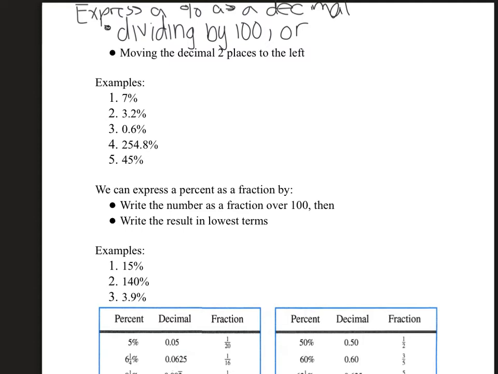We can also express a percent as a decimal by dividing by 100 or moving the decimal 2 places to the left. Let's go over some examples.